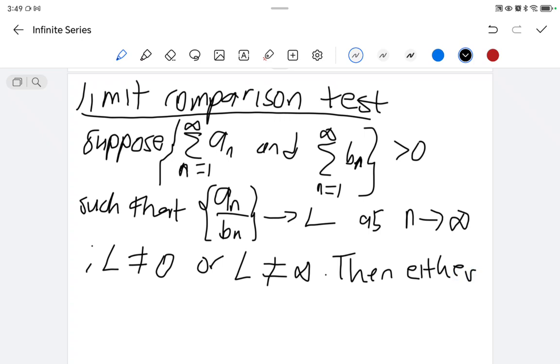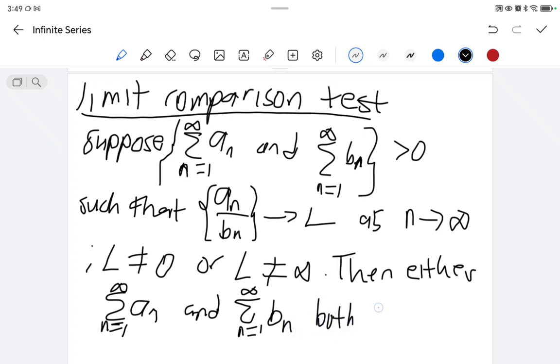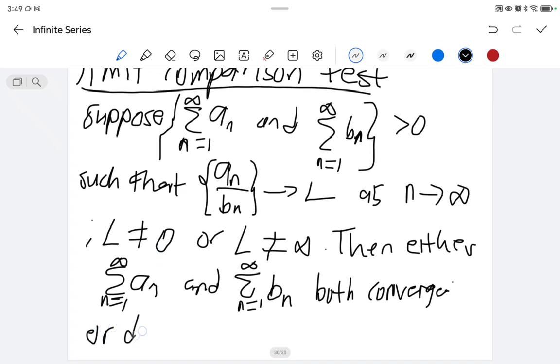We can say the summation from n equals 1 of a of n and the summation from n equals 1 of b of n both converge or both diverge. They either both converge or both diverge.